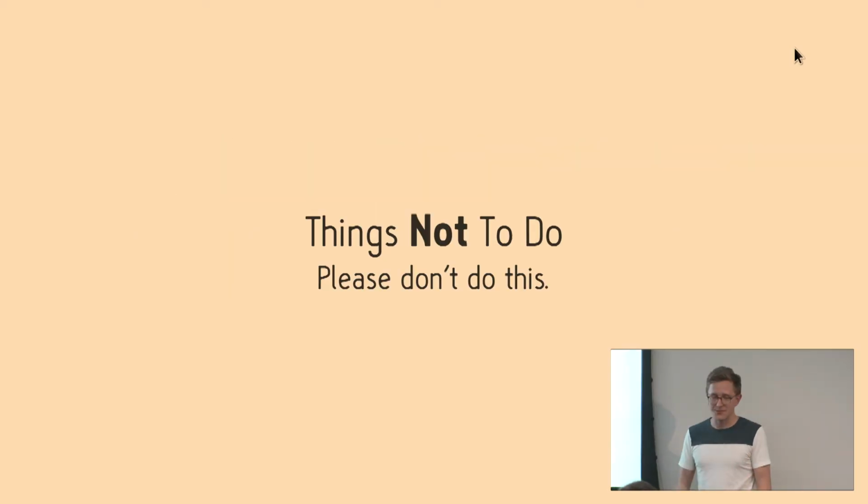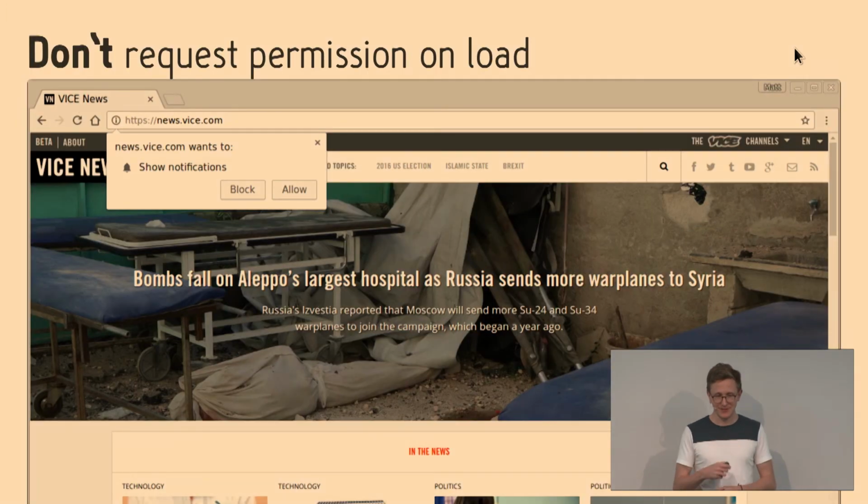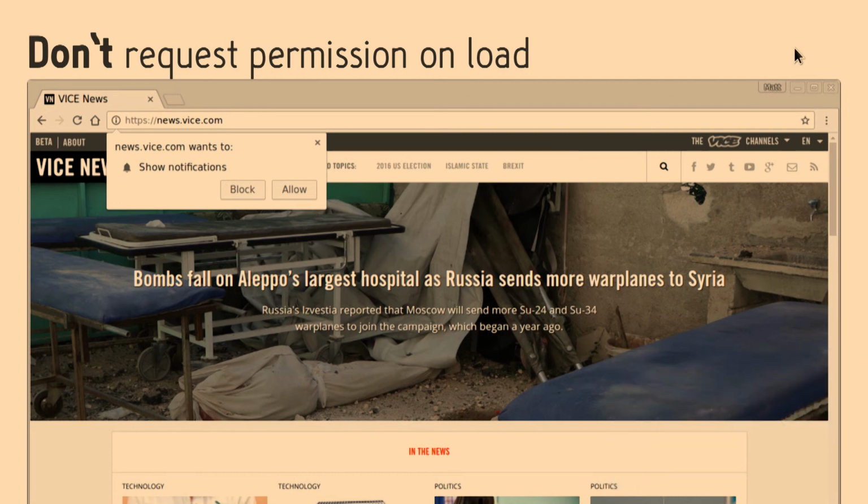This is probably the one thing where I see a lot of people do a certain set of things, and it really irks me. So the first one, and I apologize, Vice News, they have fixed it since I found this screenshot. When you landed on Vice News, this is what you saw.